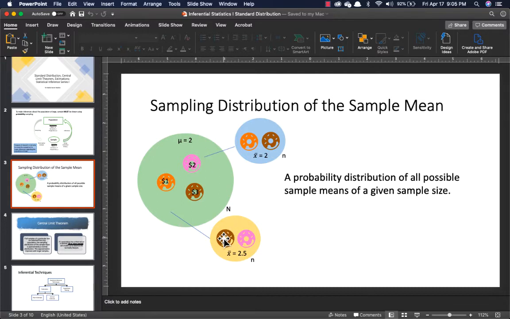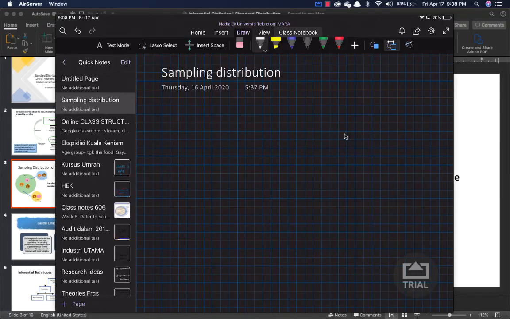But if you accidentally randomly sample the chocolate and the pink donut, it's not going to give you the exact mean score. So remember, we have the orange donut, which is priced at $1, the pink donut priced at $2, and the chocolate donut priced at $3.